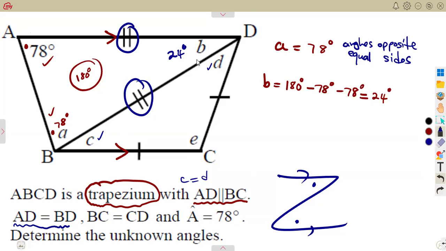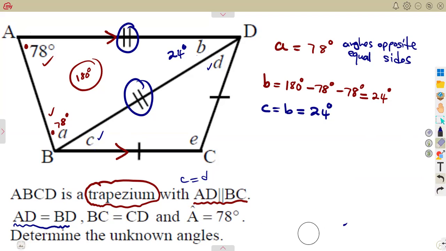So from this case, angle B is equal to angle C. So C is equal to B, meaning to say it is equal to 24 degrees. These are alternate angles. So we are simply talking of what? Alternate angles, since we are given that AD is parallel to BC. That's the idea there. So we have got 24 degrees here.